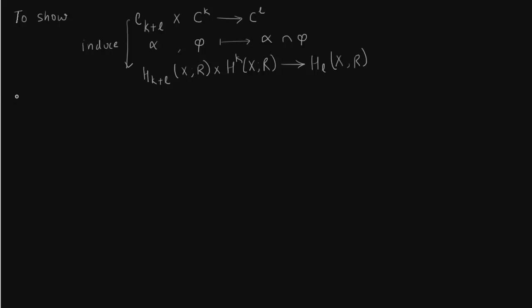So what is the boundary map? The boundary map is obviously delta applied to alpha cap with phi, and we will just use the identity on the previous slide to show how this works.